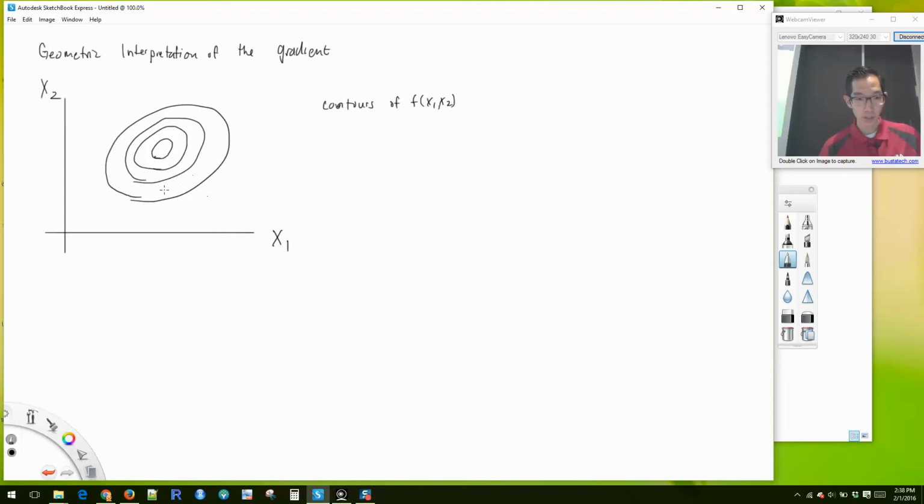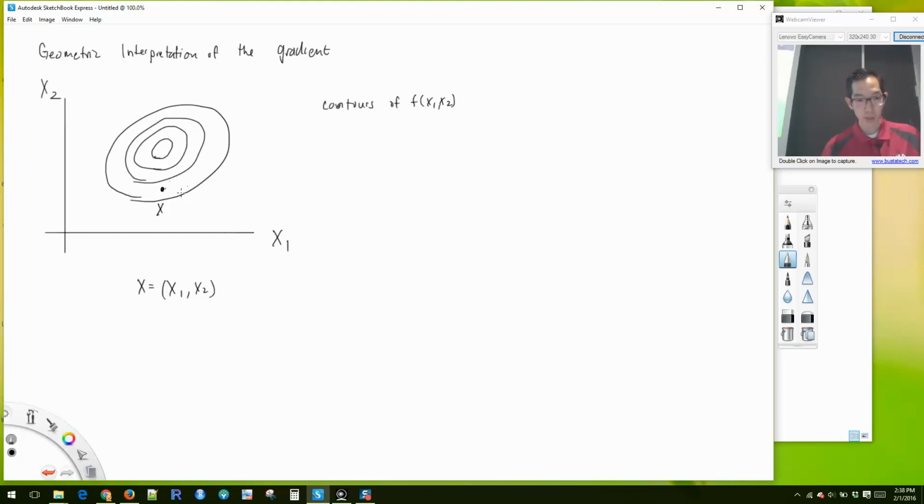And if you've got some location x, okay, so x is the point x1 and x2.